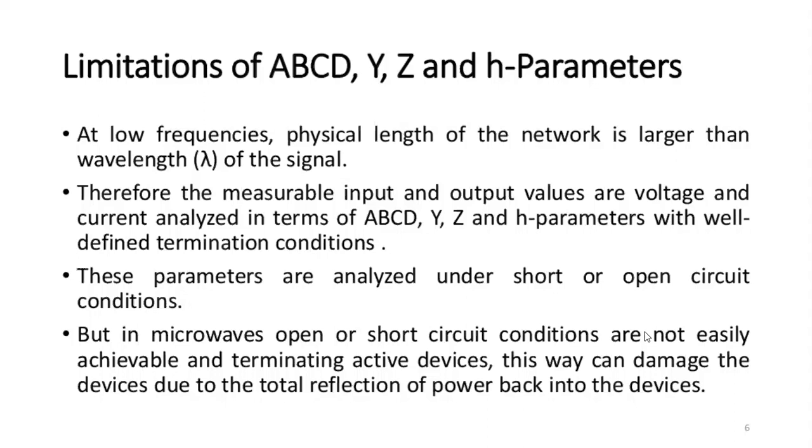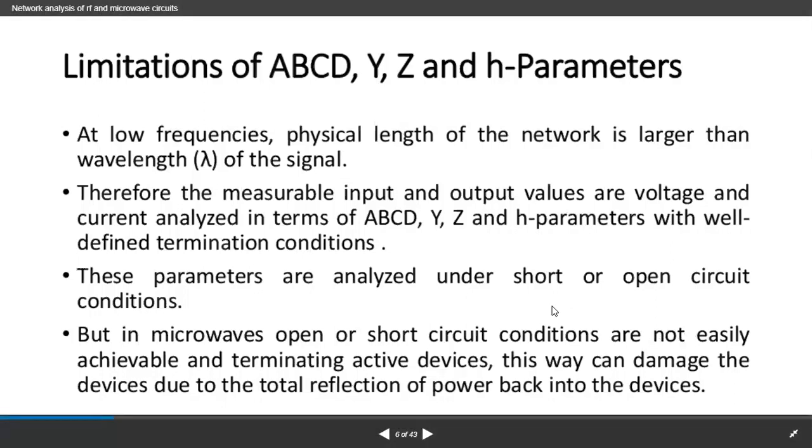Therefore, the measurable input-output values of voltage and current can be analyzed in the case of ABCD, Y, Z, H parameters, so that you can apply certain termination conditions and find the output. These parameters are mainly analyzed by considering short circuit and open circuit conditions. If you remember network theory, that is how you applied them.